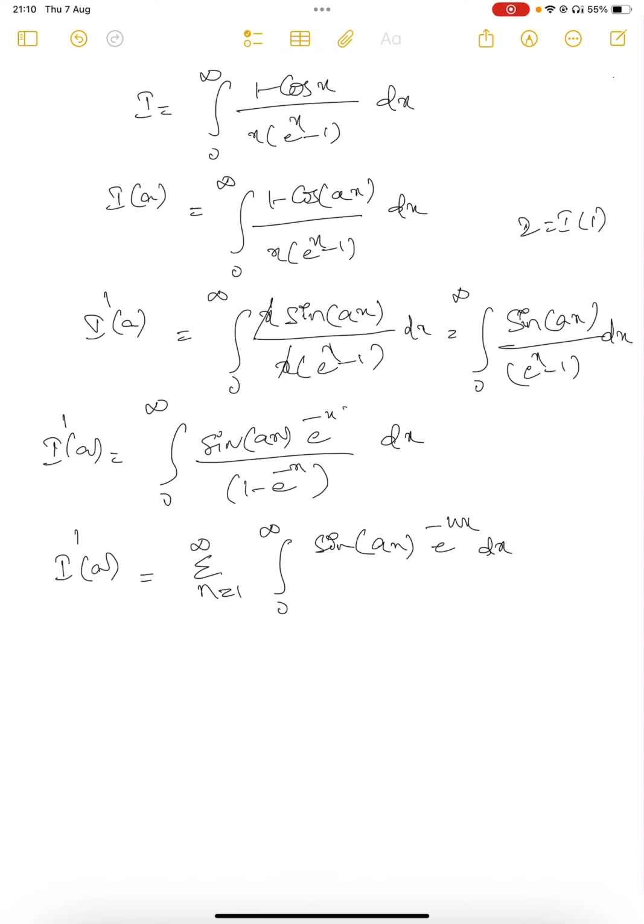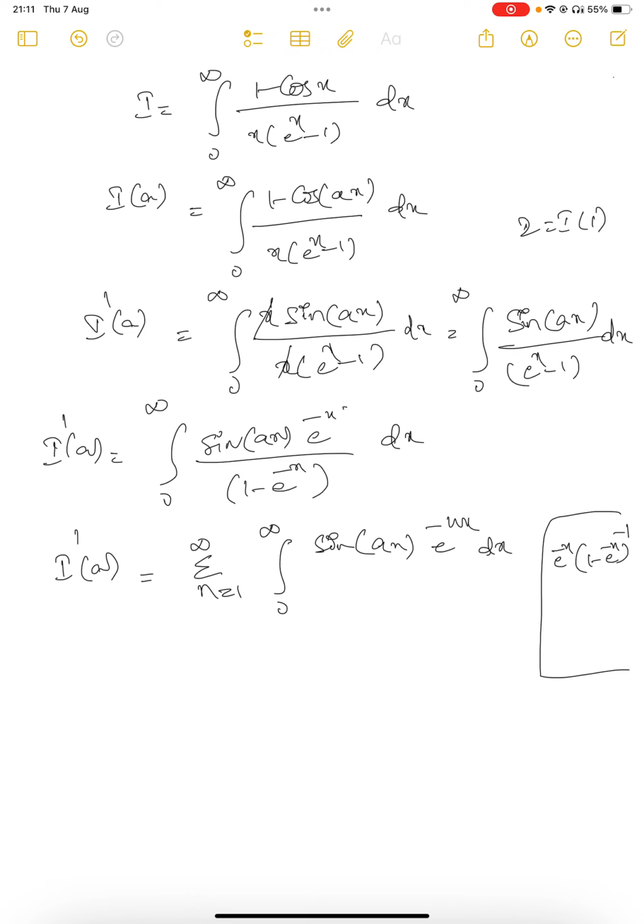This is rough work: e power minus x into (1 minus e power minus x) whole power minus 1, where (1 minus x) whole power minus 1 is 1 plus x plus x square and so on. So you can write it in the form of this summation.